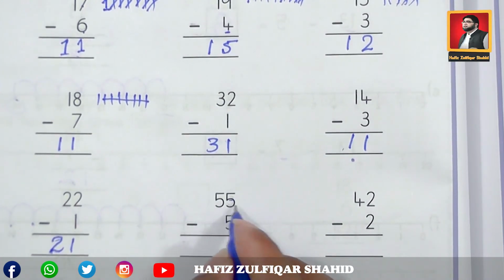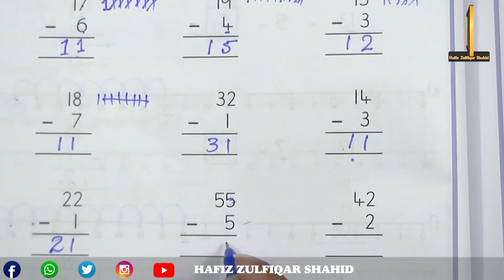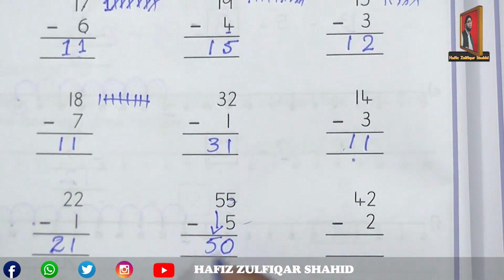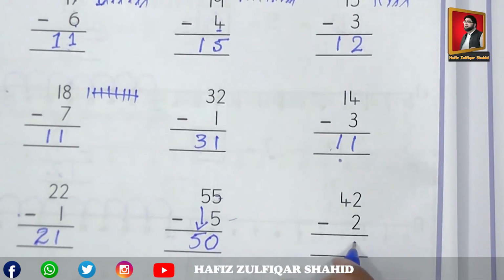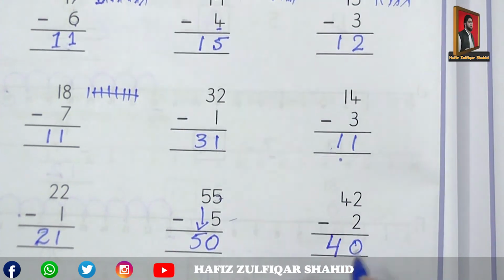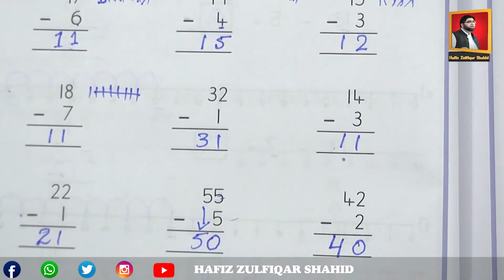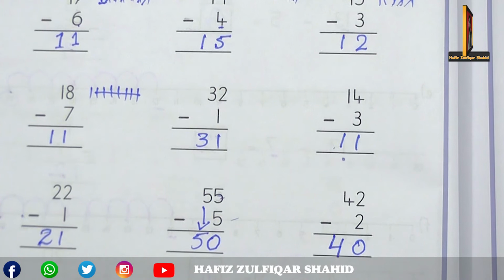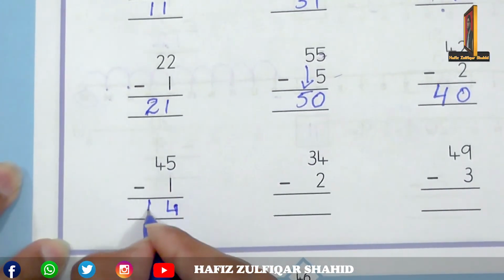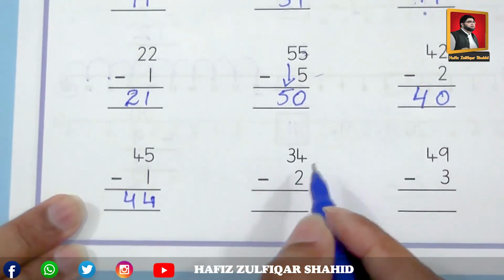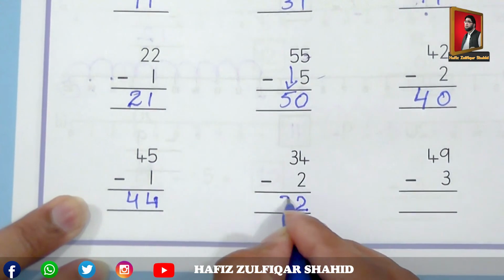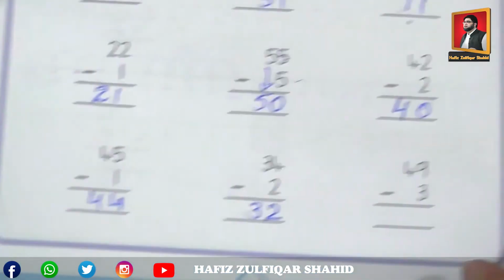Now subtract 5 from 5, answer will be 0, and put down 5 as it is. 2 minus 2 equal to 0, put down 4 as it is. 5 minus 1 equal to 4, put down 4 as it is. 4 minus 2 equal to 2, put down 3 as it is.